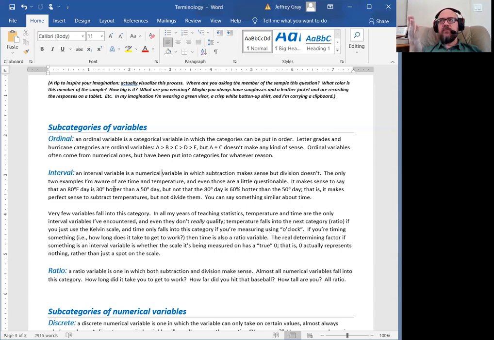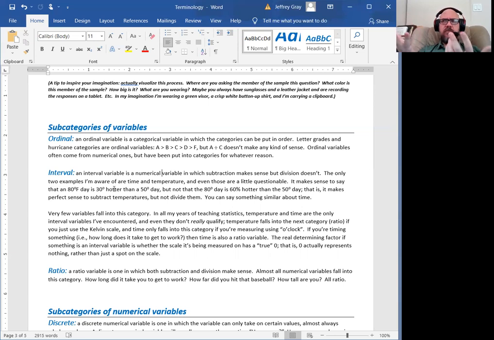Technically, it's any variable that has a scale that includes 0, but the 0 doesn't actually mean absence of everything. For instance, 0 Fahrenheit does not mean there's no heat activity in whatever object you're looking at. It's just a point on the scale.